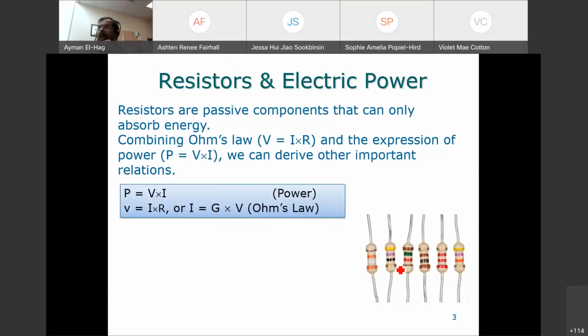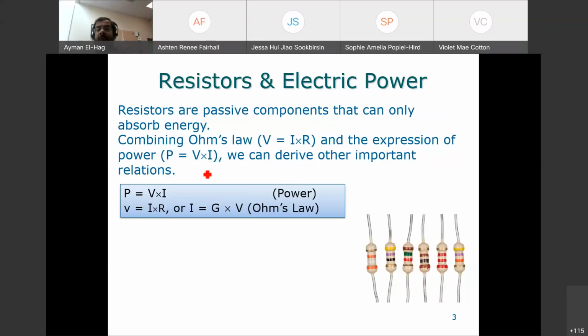You can Google that. This is not part of the course, but what I want to say is that these colors are not random. These colors represent the value, and when you read these strips properly, you will be able to figure out the value of the resistance in ohms, kilo ohms, mega ohms, etc.